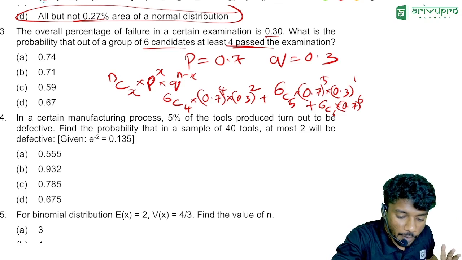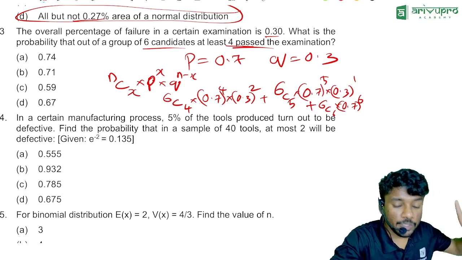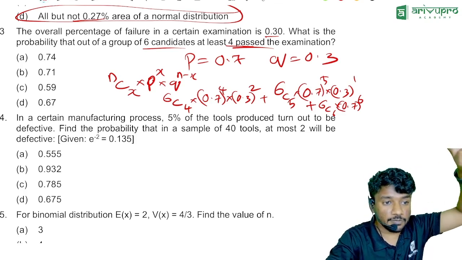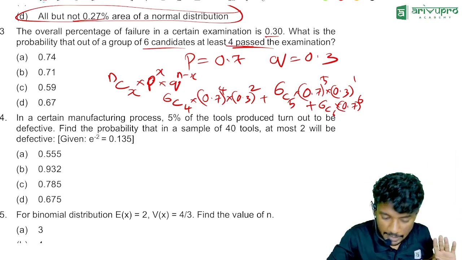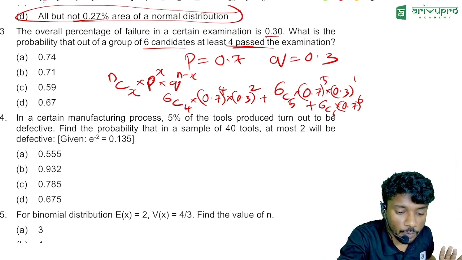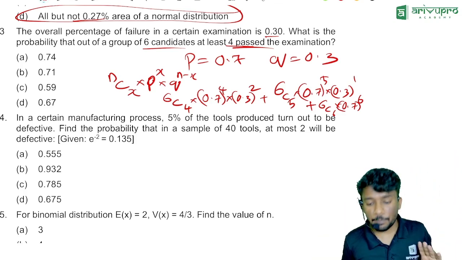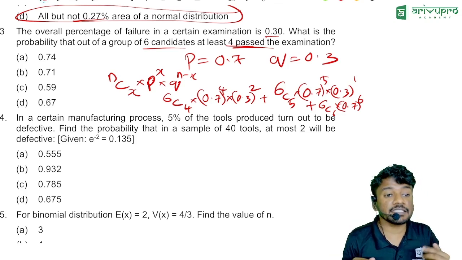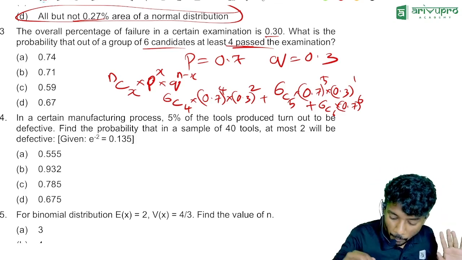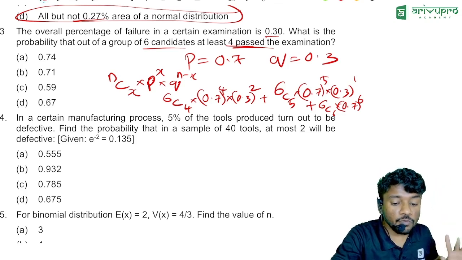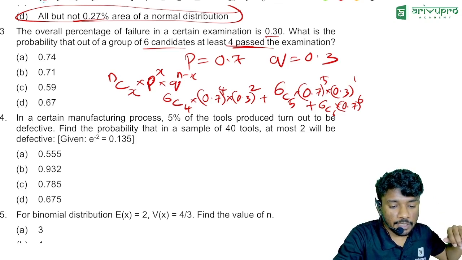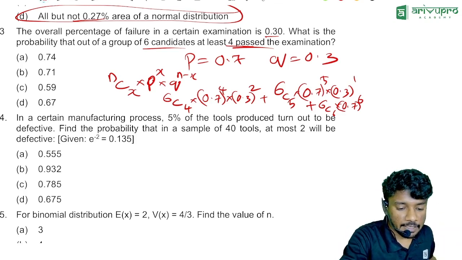Then now again find 0.7 into equal to how many times? 4 times. 1, 2, 3, 4. Then multiply it with 0.3 into 6. Again click M plus. Then finally 6C6 is 1. Correct? So 0.7 into equal to 5 times. 1, 2, 3, 4, 5. Then click M plus. Finally click MRC.